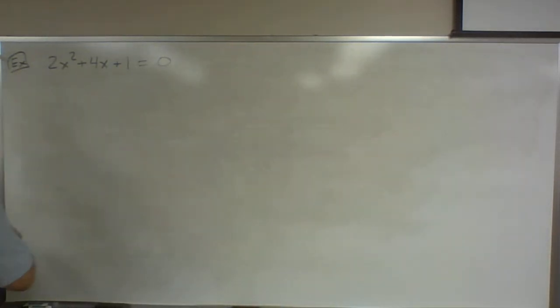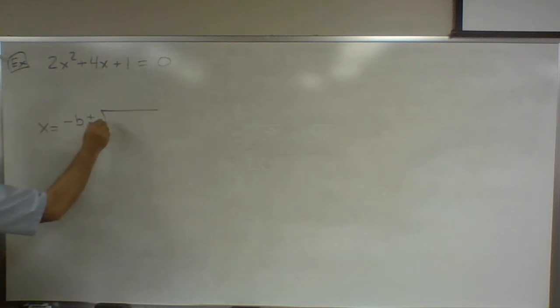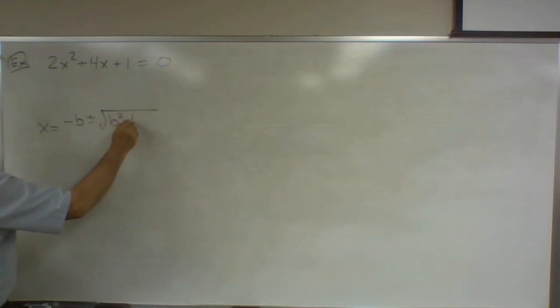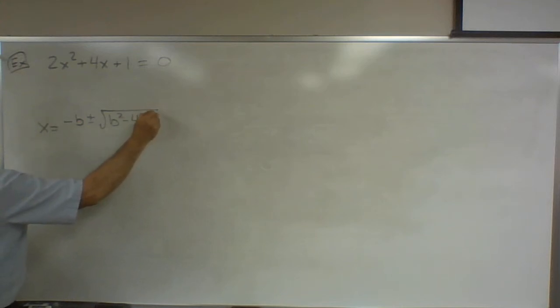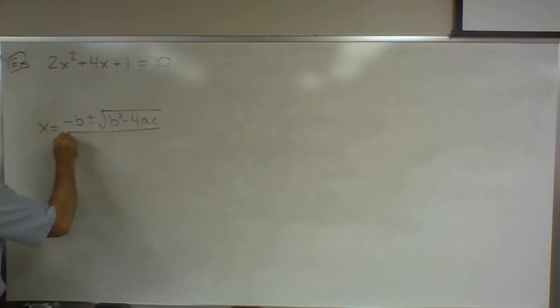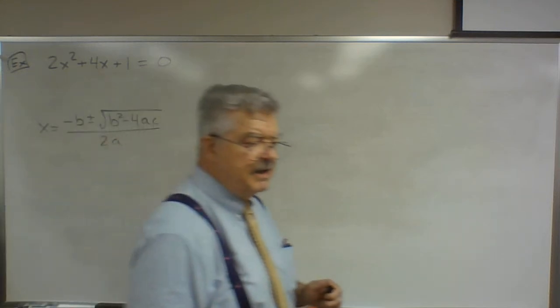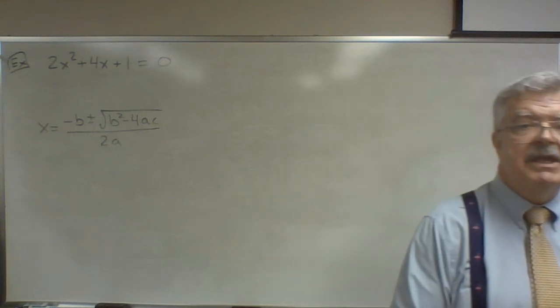The quadratic formula says that x equals negative b plus or minus the square root of b squared minus 4ac all over 2a. So we have to identify a, b, and c.